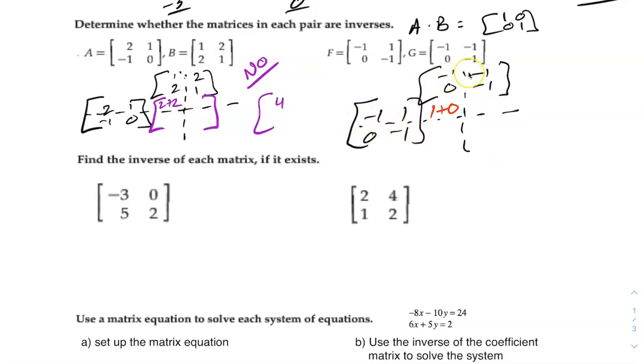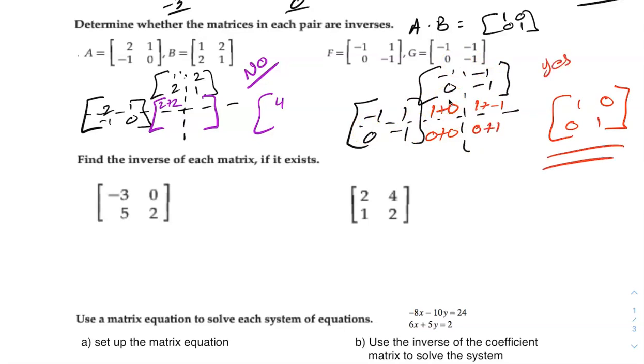So -1 times -1 is 1 again. 1 times -1 is -1. So that'll give me a 0. Top row, A-OK. Bottom row, 0 times anything is 0. Plus 0 times anything is 0. And then the last one here, right? So bottom row, column 2, so 0 plus -1 times -1, which is 1. So yes, we get that, and yes, they're inverses.